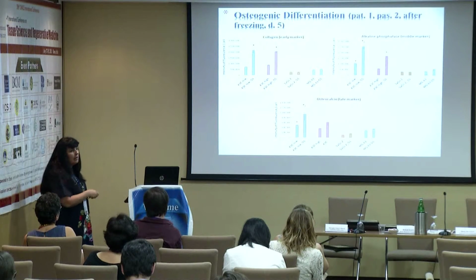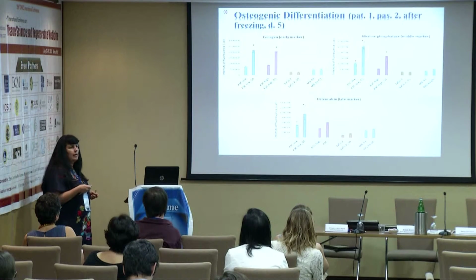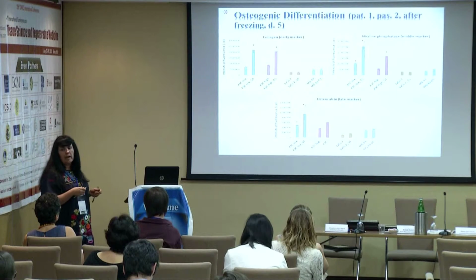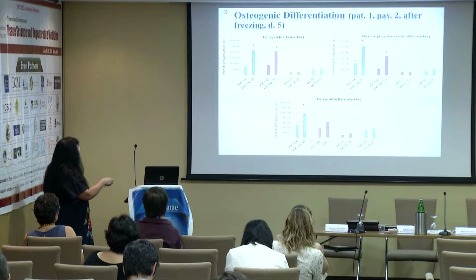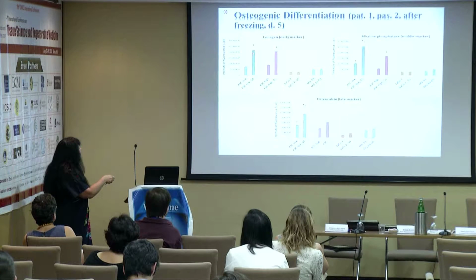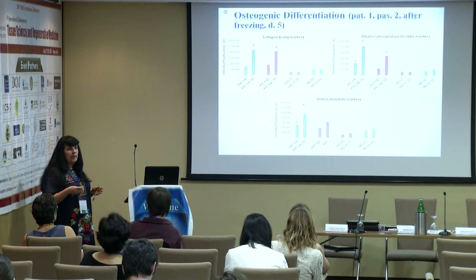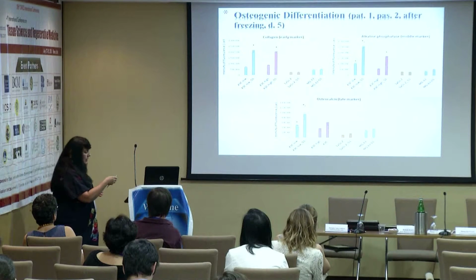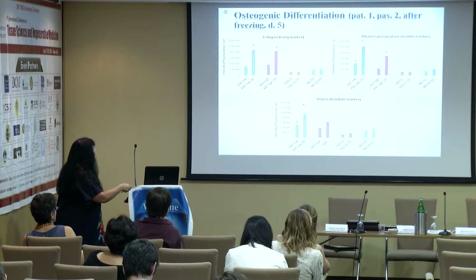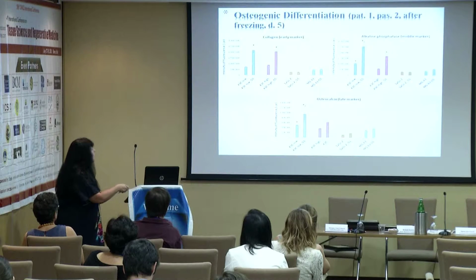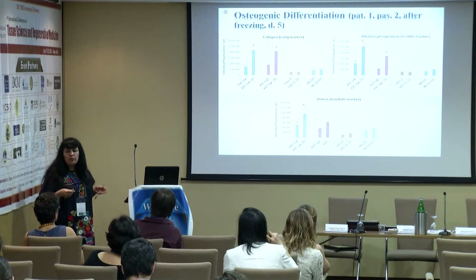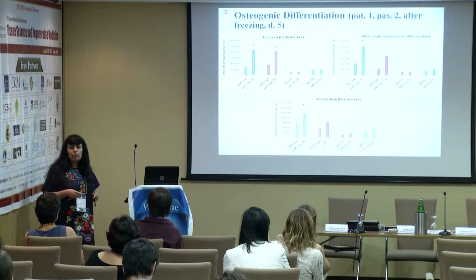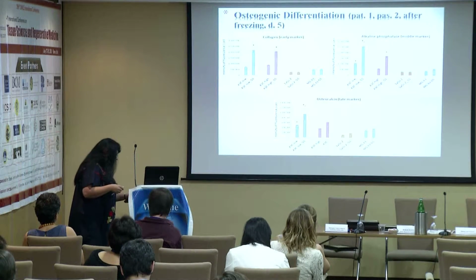Collagen is similar because it's a very early marker. Practically all cells are able to produce collagen, and you can also compare normal medium and osteogenic medium. In osteogenic medium, the differentiation is more pronounced. As control samples, we used commercially available cell lines, but they are good for proliferation, not very good for osteogenic cell differentiation.